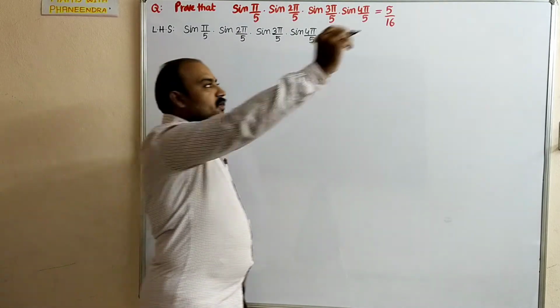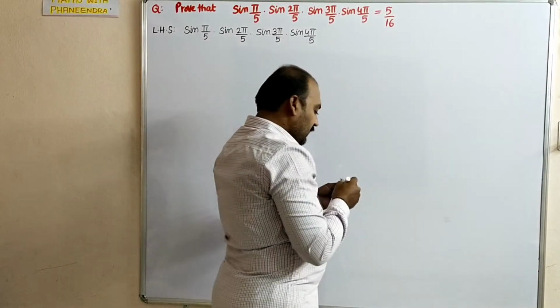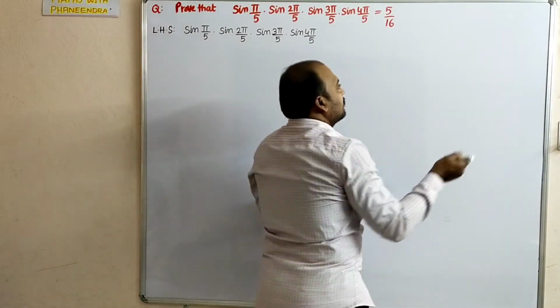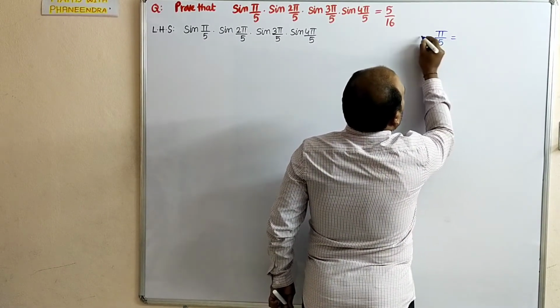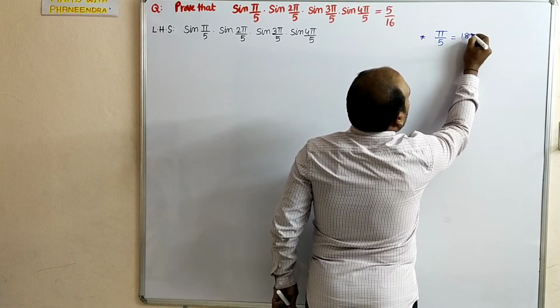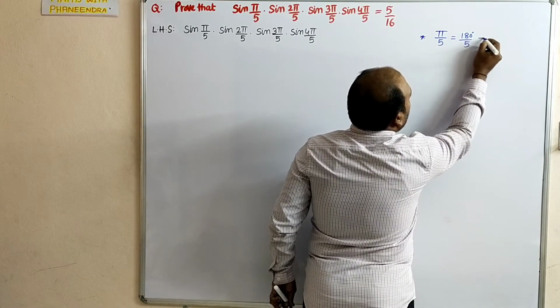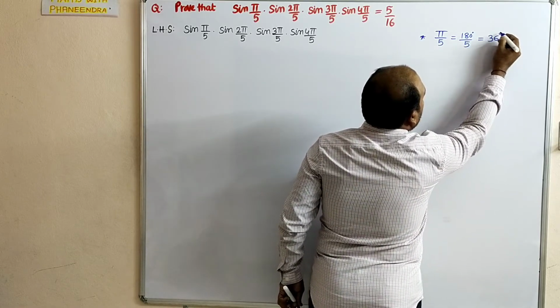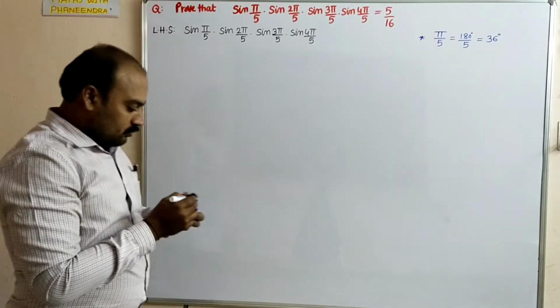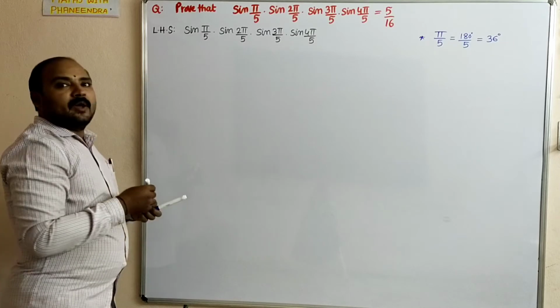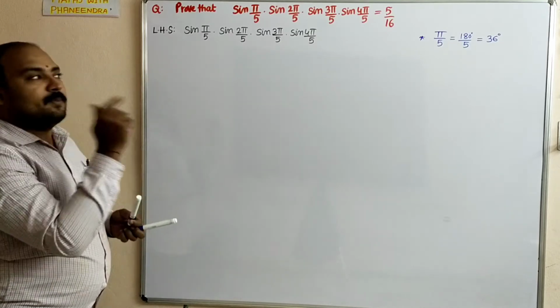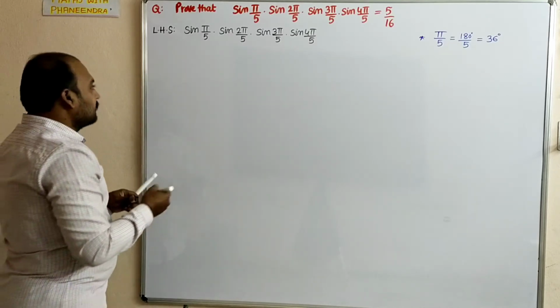In the previous question we discussed that pi by 5, in terms of degrees, is 180 degrees divided by 5, which is equal to 36 degrees. So wherever pi by 5 is there, you have to replace it with 36 degrees.